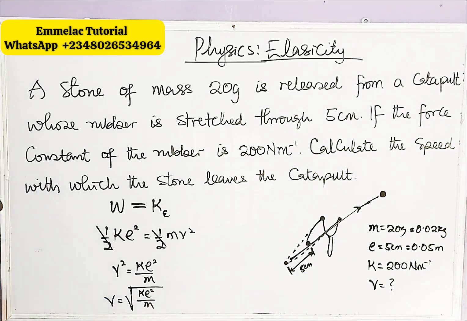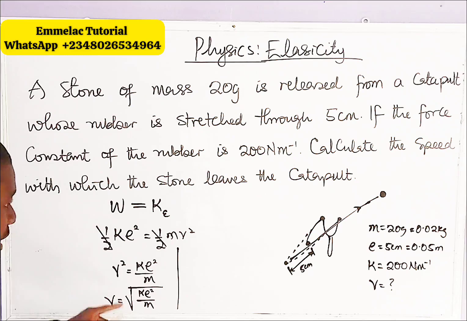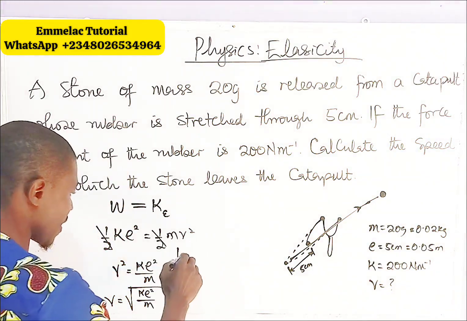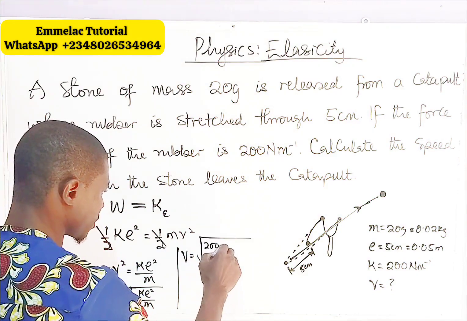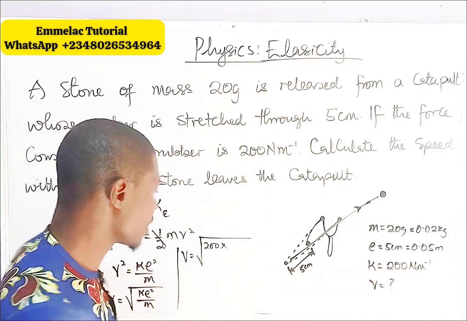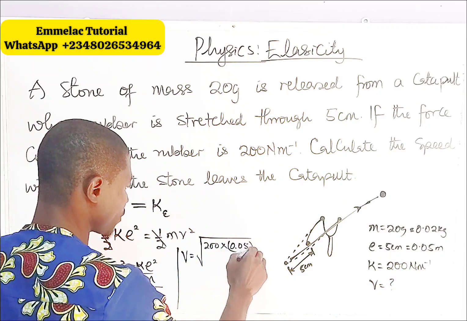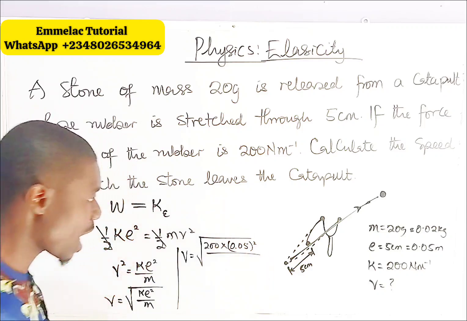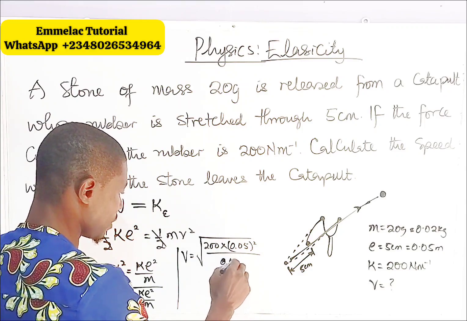Don't worry, we are actually dealing with the positive value of the velocity, that's why I'm not putting the plus or minus. Okay, so let us now find the value of v. Our k is 200, so v equals the square root of 200 times our extension 0.05, all to the power of 2, then all over our m, which is 0.02.